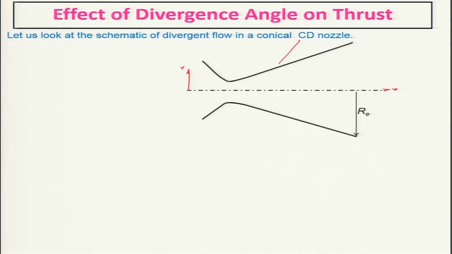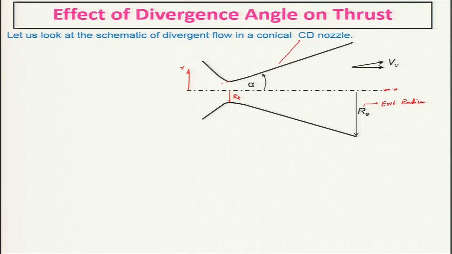This is RE, which is basically the exit radius of the nozzle, and at the throat, this is RT, and this makes an angle alpha with respect to the axis.